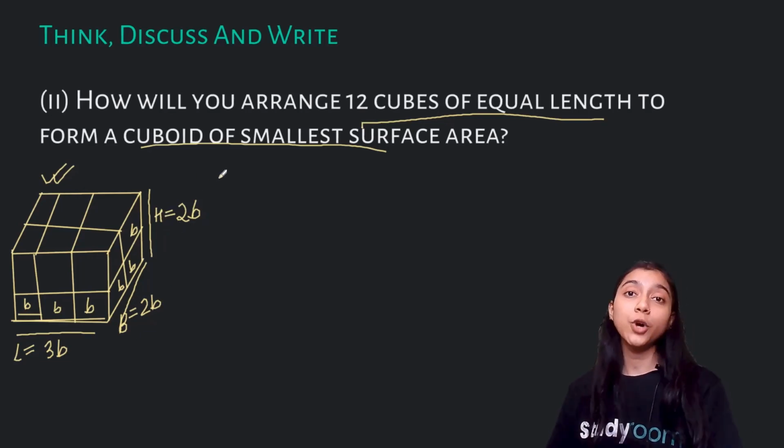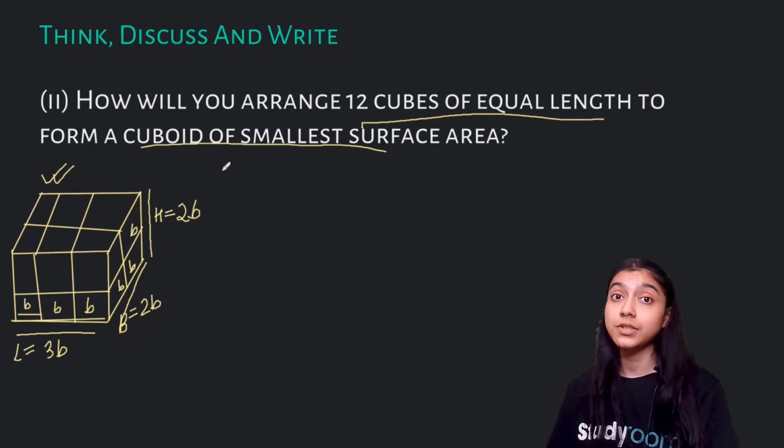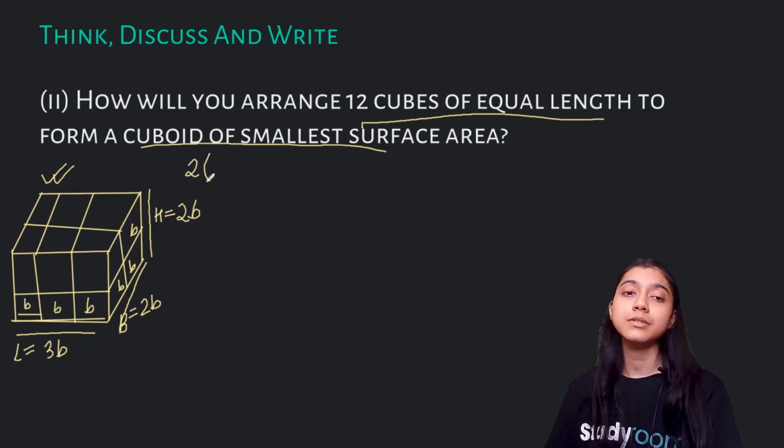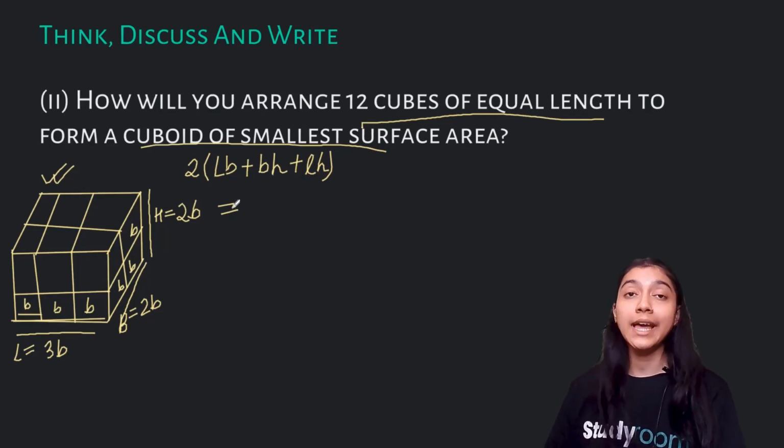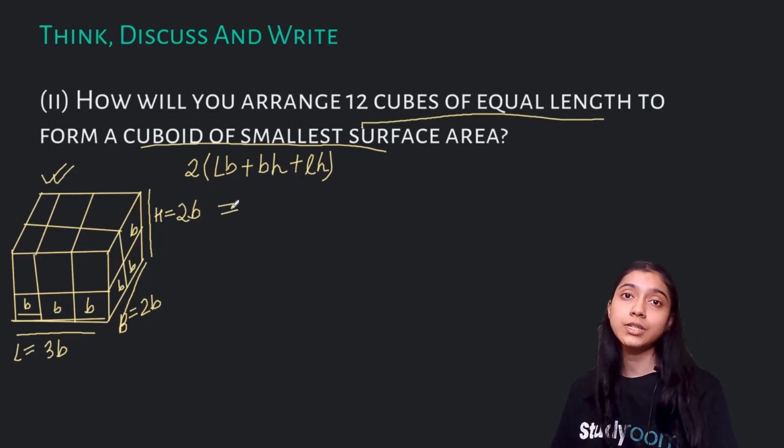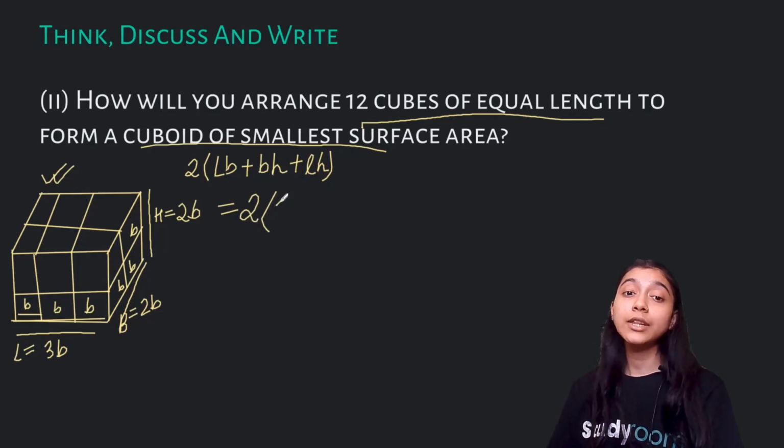Now, we know that the formula for calculating the total surface area of a cuboid is 2 times length breadth plus breadth height plus length height. Let us put the values of length, breadth and height in this formula and see what's the total surface area of the resulting cuboid. So we have 2 times, the length over here is 3 times b, breadth is 2 times b.